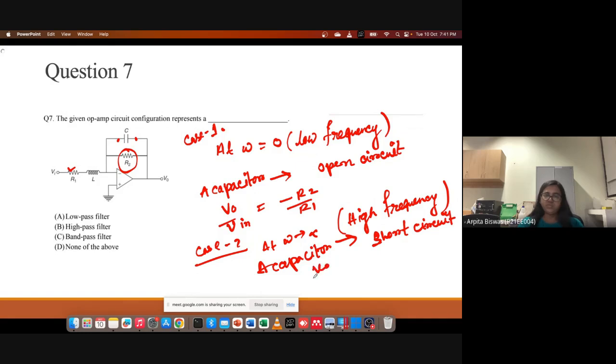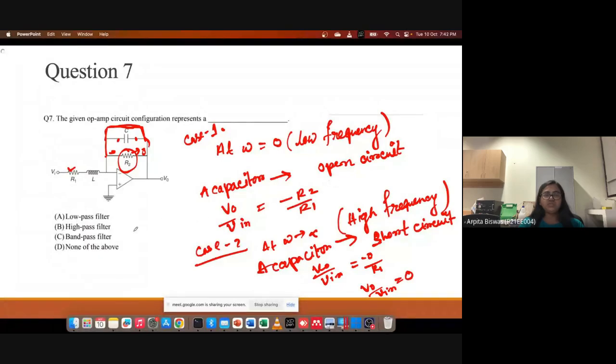So in that case, V output by V input: if it is short, it behaves like a short circuit. So no current is flowing through this resistance, because from this portion it will flow. So what happened in that case? The R2 tends to 0. So in that case, V output by V input is equal to minus 0 by R1, right? So V output by V input equal to 0.